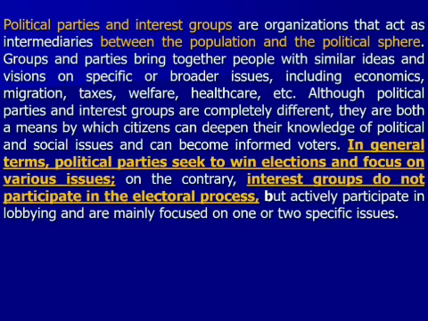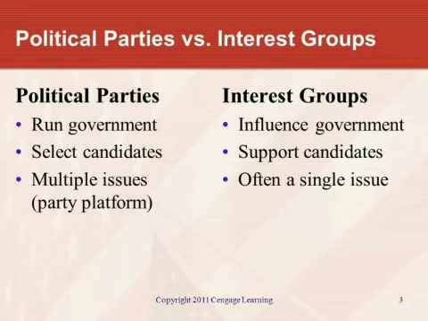Political parties and interest groups are organizations that act as intermediaries between the population and the political sphere. But generally, political parties seek to win in elections, while interest groups don't. Political parties and interest groups, the difference between them you can see on the screen.